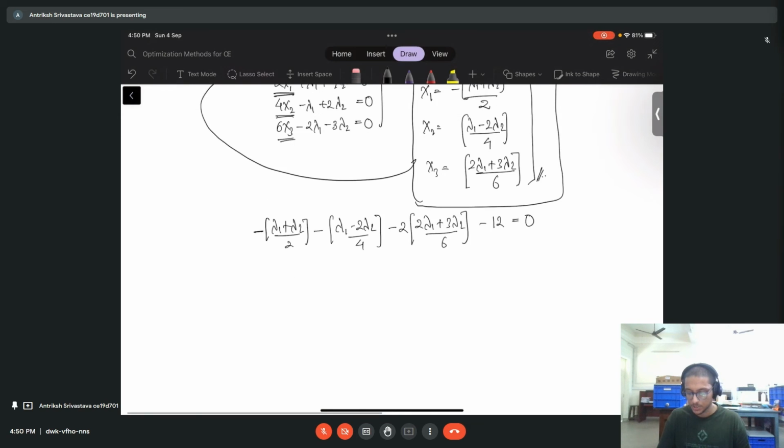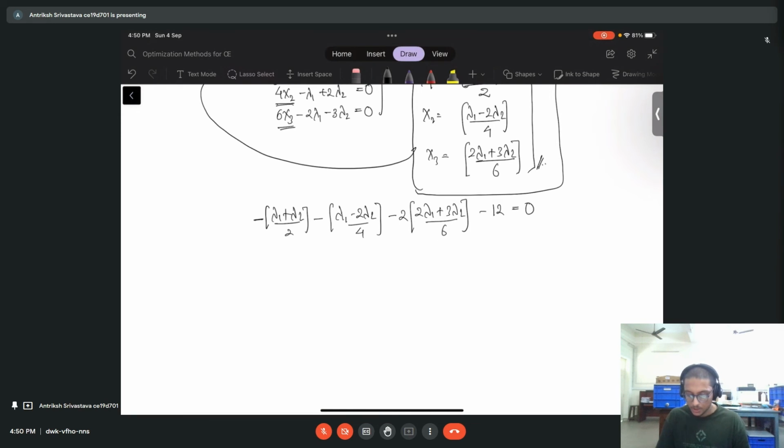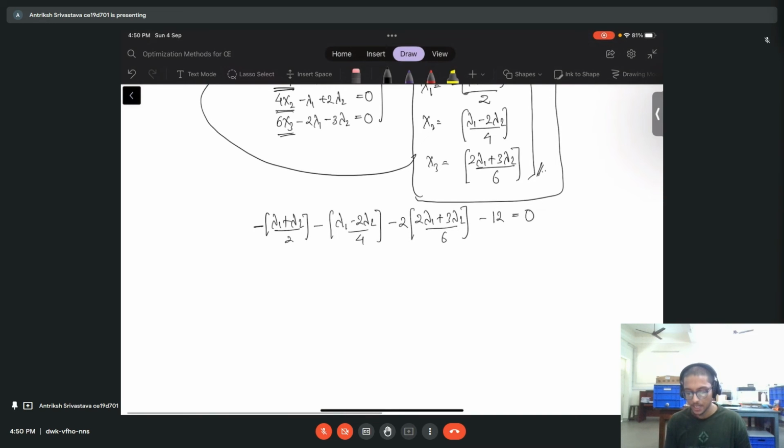Okay, so it's a pretty complicated looking equation. Let's try to simplify this. I will simplify, and you guys tell me whether I have done it correctly or not. What I will do is take the LCM of 12.